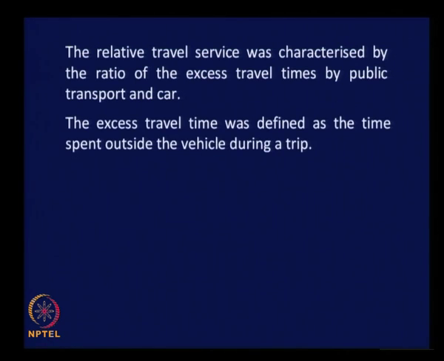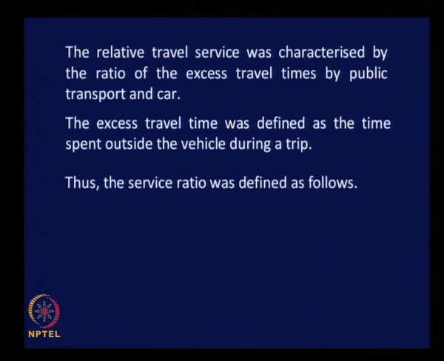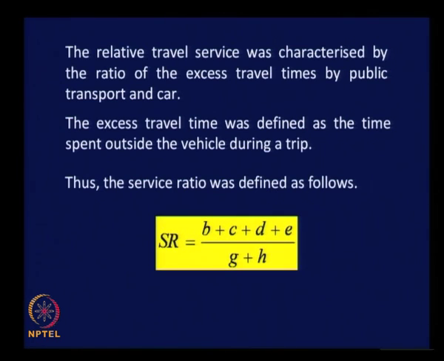So that is how the service ratio was calculated. The excess travel time was defined as the time spent outside the vehicle during a trip. Thus, the service ratio was defined as follows: SR to be B plus C plus D plus E divided by G plus H. All these components are already defined.